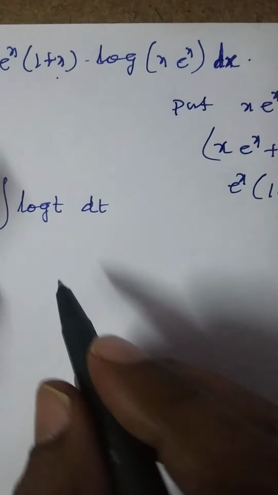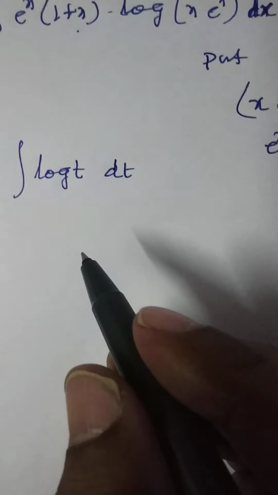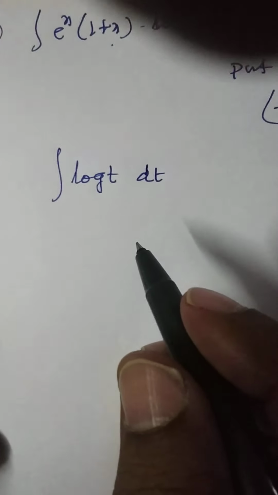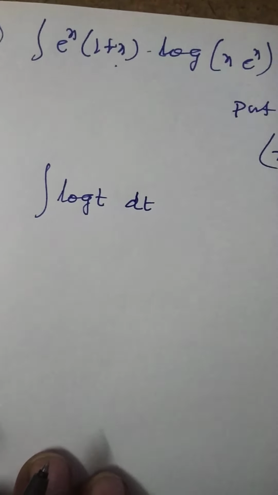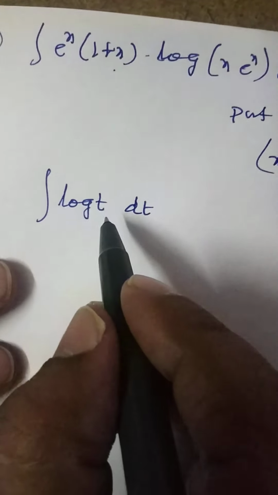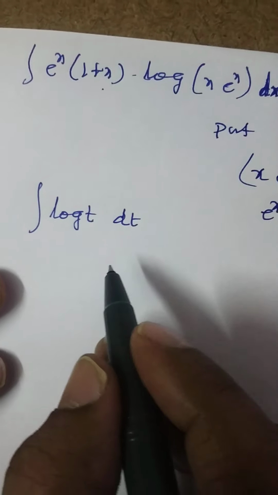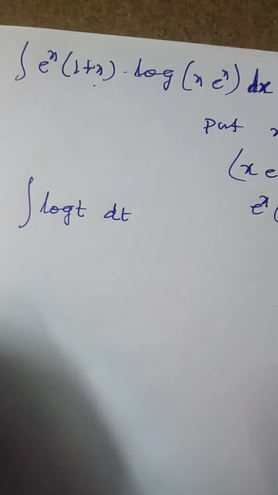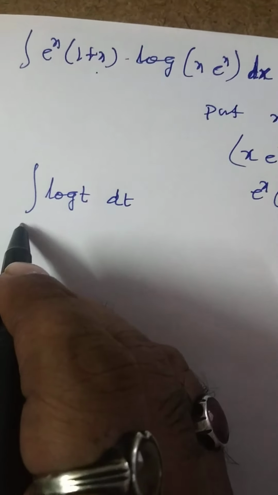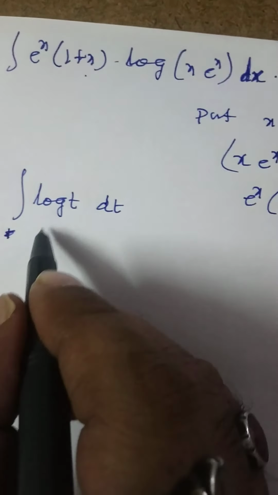In the beginning of this by parts, I told that only when a logarithmic function comes, we take one as the second function and try to evaluate it. So in problem number 3, we can directly write the integration of this.